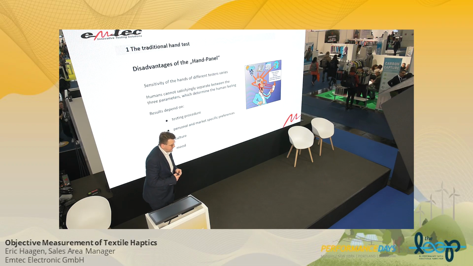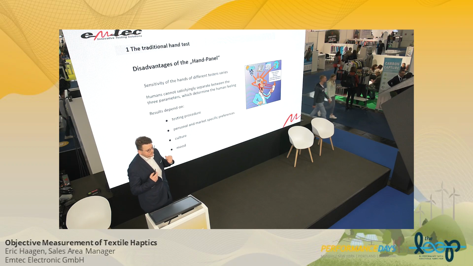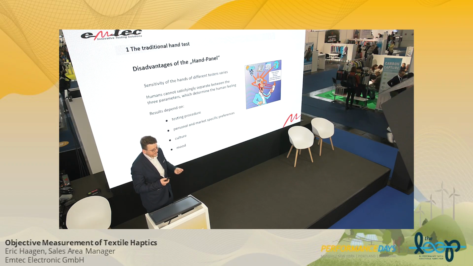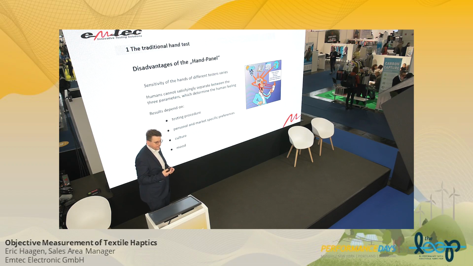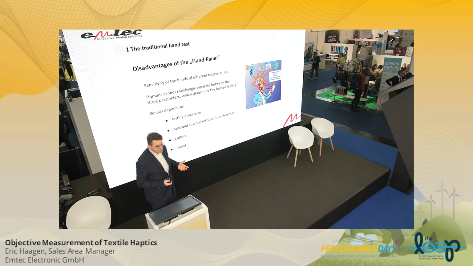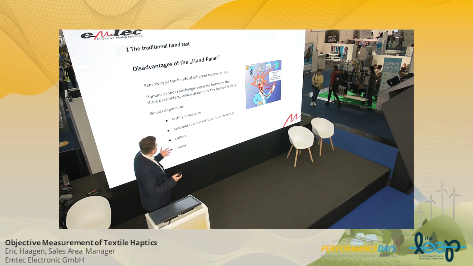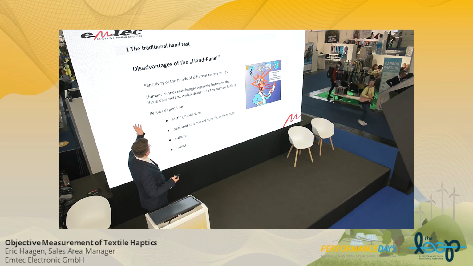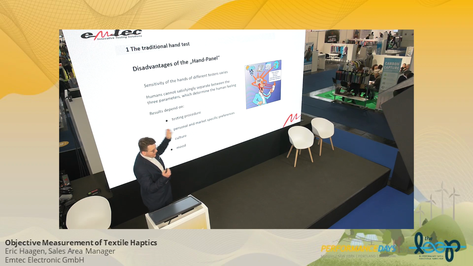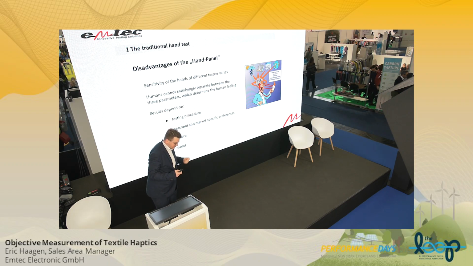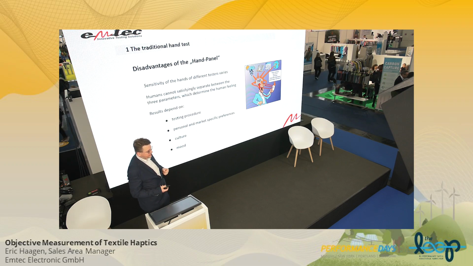Why is this the case? Our human feeling is influenced by our environment. For example, on a sunny day, the human hand feels something quite different than when it's rainy. Or, for example, if you fall in love, then you feel something different in comparison to when you get separated.